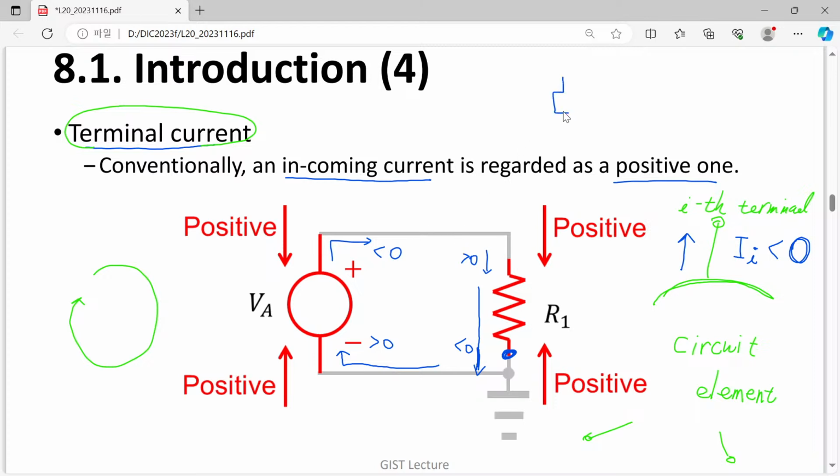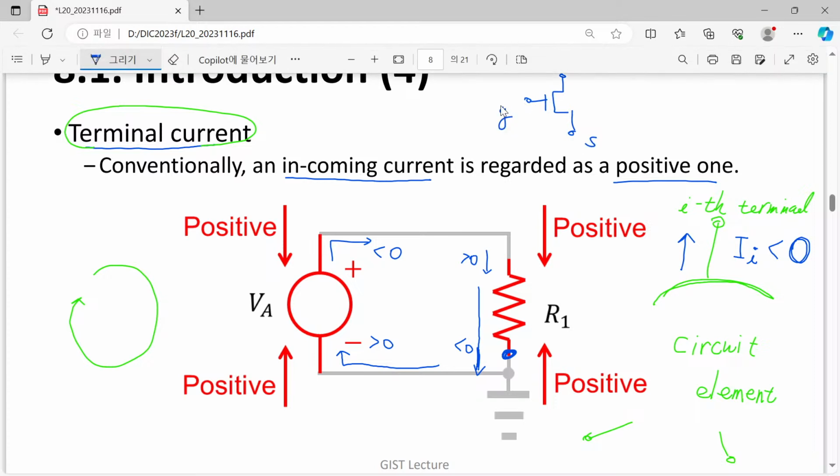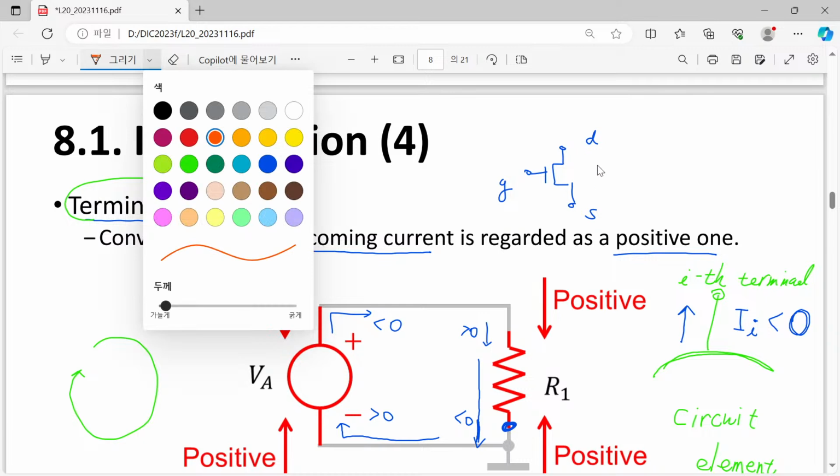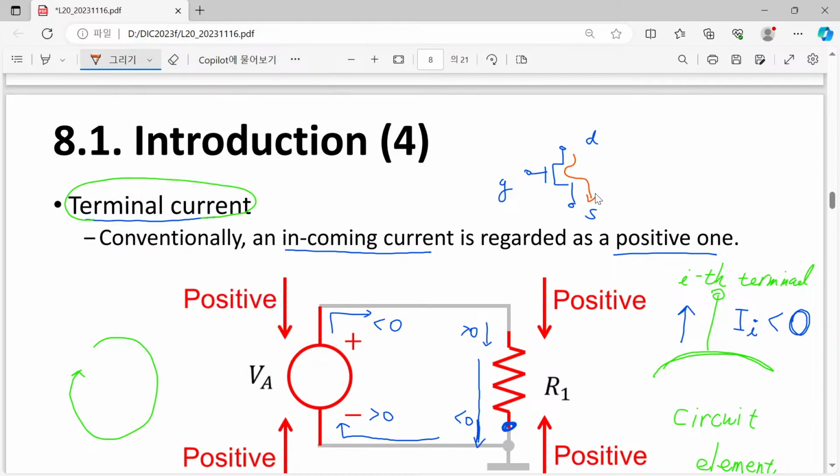And let's just consider MOS, so MOSFET. We have already thought about this concept previously. Source, gate, and drain. This is an MOSFET. And usually we have the current conduction this way. Then, in many cases, at the steady state or low frequency case, we can neglect gate current.